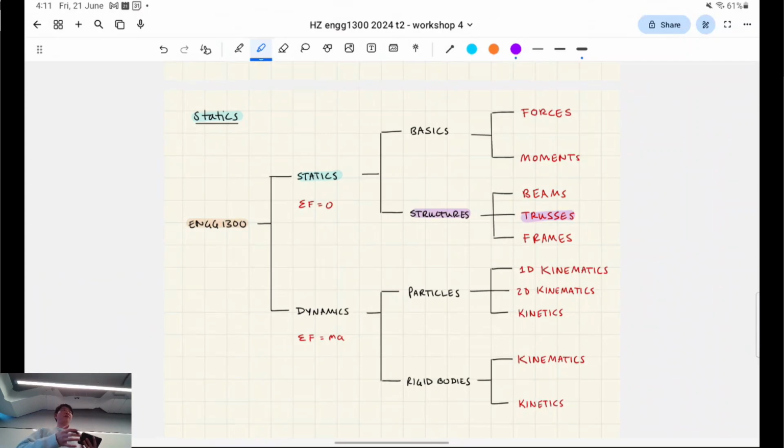Technically, frames are a part of the statics portion of the course, but you won't be assessed on any frames for your midterm. Frames will come potentially at the end of the course for your finals. So just keep in mind, it can get a bit harder in terms of statics, but not until the finals, right? Does anyone have any questions about course structure or anything like that?